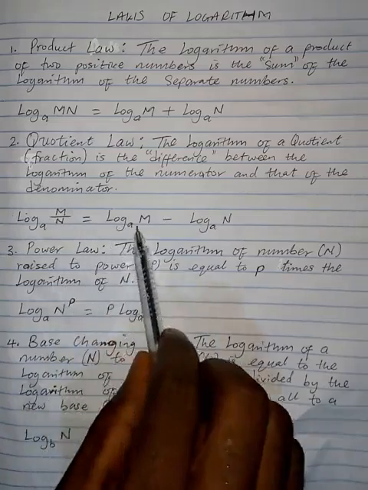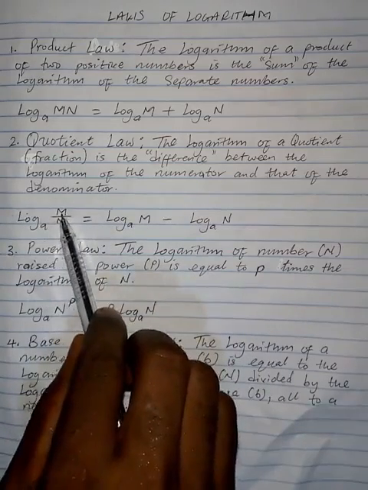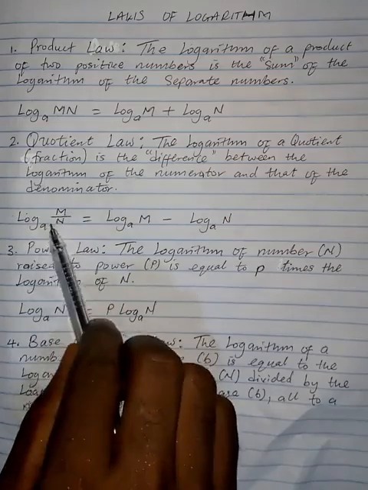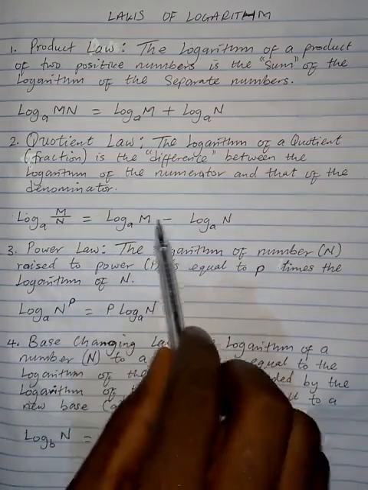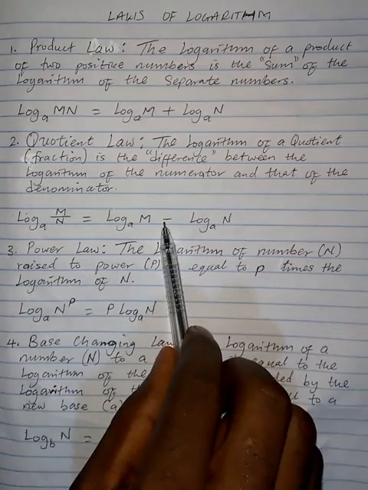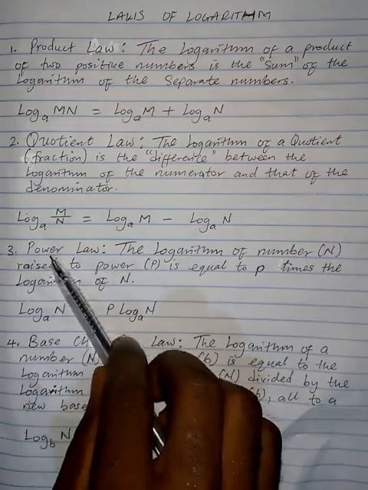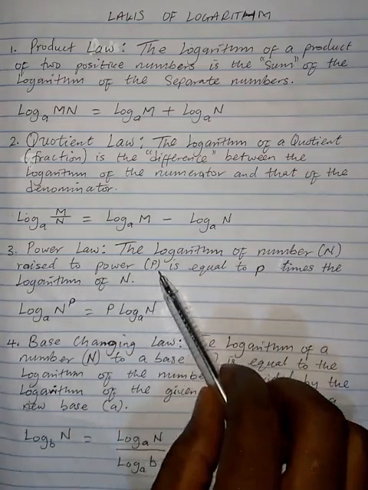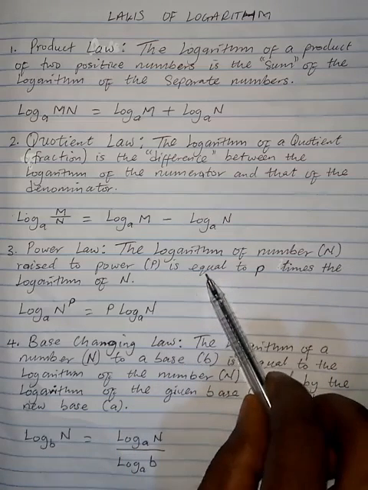So here, this is the logarithm of m over n. If you give each of them their logarithm, instead of division, we now deal with minus.